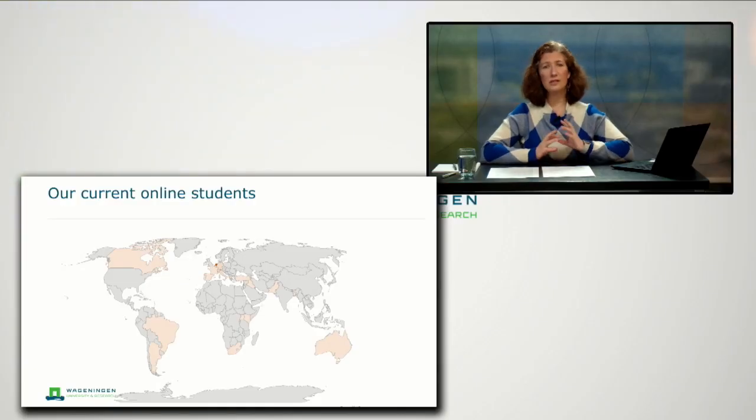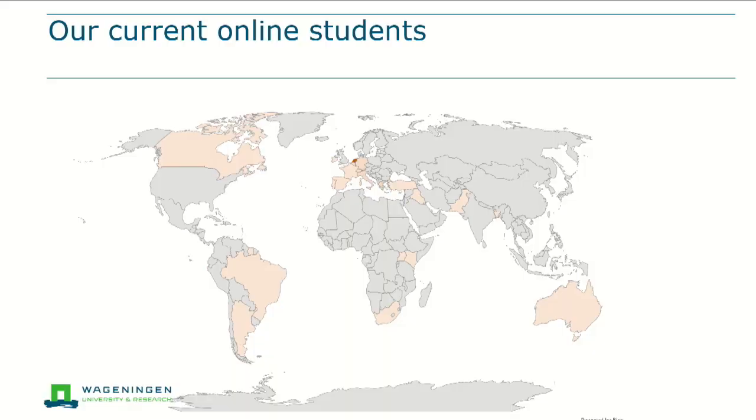While you're typing all of your questions, I would like to show you where our current students are coming from. In this picture you see some countries colored in orange, and you see that we have students coming from Canada up to Australia, but also South America, like Brazil, Argentina, and also African countries, mainly South Africa, Kenya and Uganda, and also Asia, mainly Bangladesh, Pakistan and Iran.